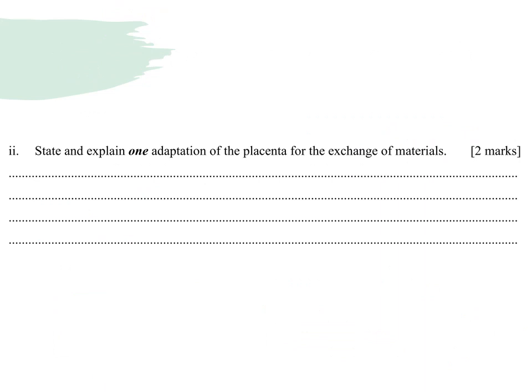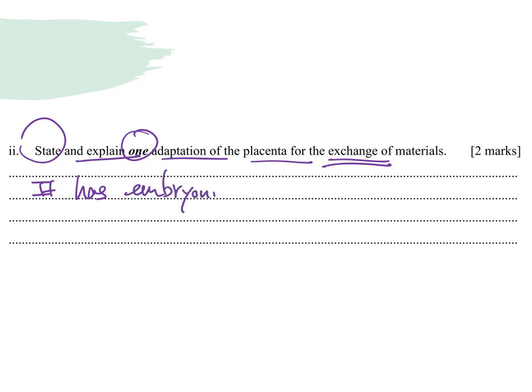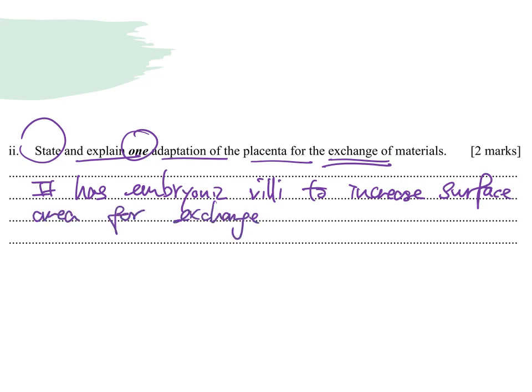Let's do a question on your classwork. State and explain one adaptation of placenta for exchange. You can tell me from the previous slide, it has embryonic villi to increase the surface area for exchange or diffusion of materials.